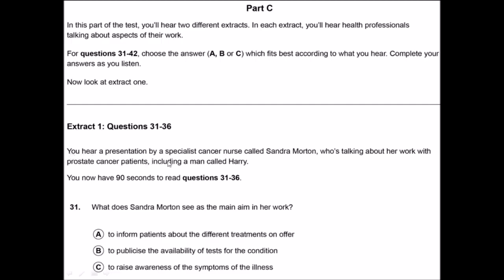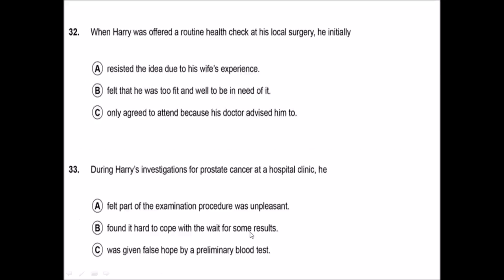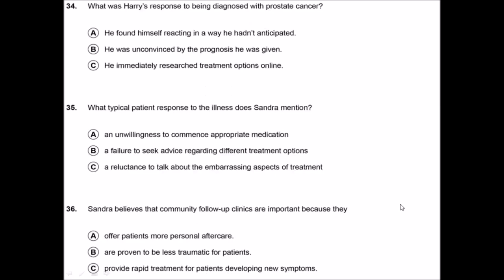You hear a presentation by a specialist cancer nurse, so you can easily utilize that extra 60 seconds on top of the official 90 seconds. The audio will start from here and will end up here. The audio will easily take 40 seconds, 50 seconds, and sometimes 60 seconds. So you can use these 60 seconds in reading questions 31, 32, 33, 34, 35, 36.